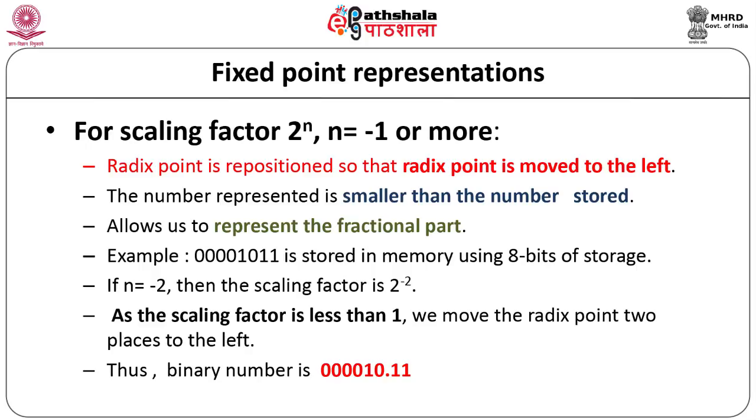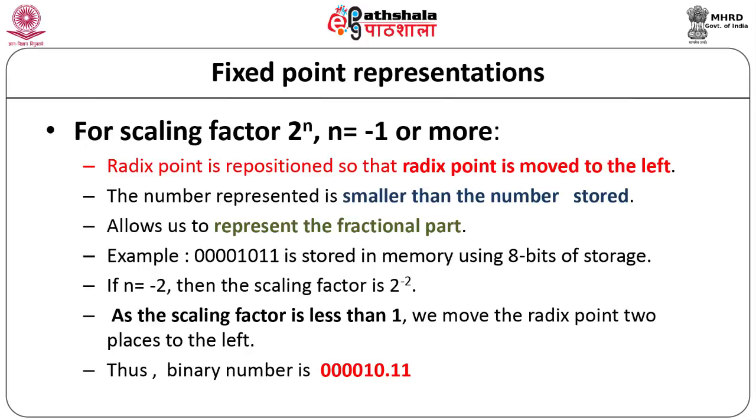Third, for scaling factor 2 raised to n, where n is equal to -1 or less, the radix point is repositioned so that it is moved to the left. In such a case, the number that is to be represented is smaller than the number that was stored. This method allows us to represent the fractional part. Let us consider the binary number 00001011 stored in memory using 8 bits of storage.